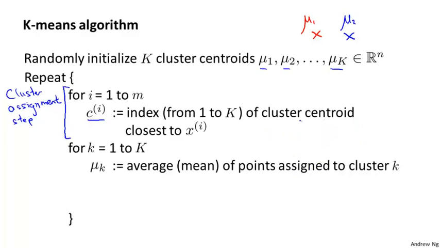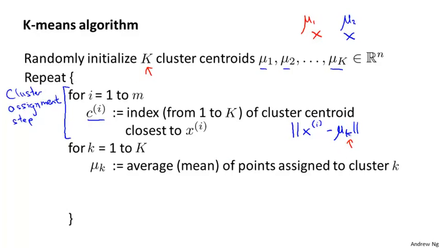So here's another way of writing out what ci is. If I write the norm of xi minus mu k, then this is the distance between my ith training example xi and the cluster centroid mu subscript k. This here, that's a lowercase k. So uppercase K is going to be used to denote the total number of cluster centroids, and lowercase k is a number between 1 and capital K. I'm just using lowercase k to index into my different cluster centroids.